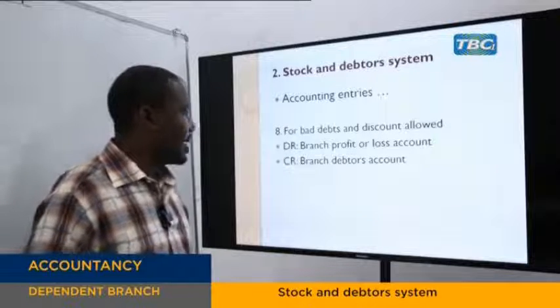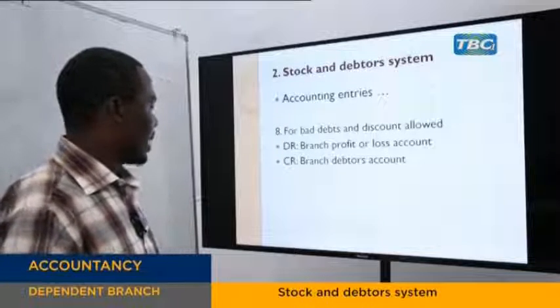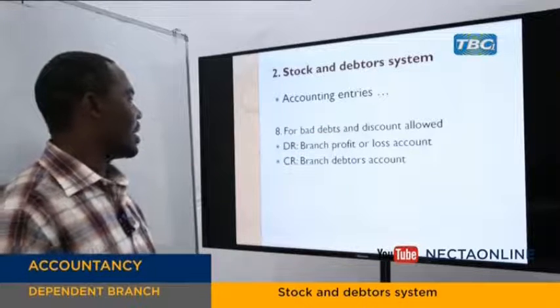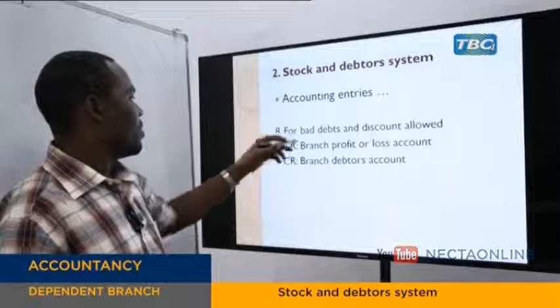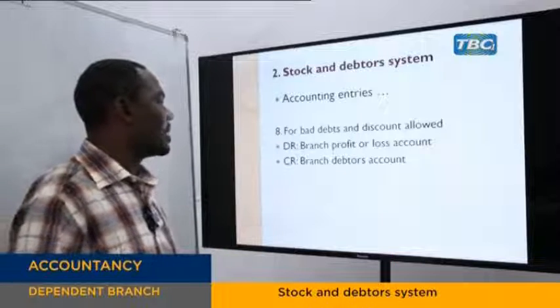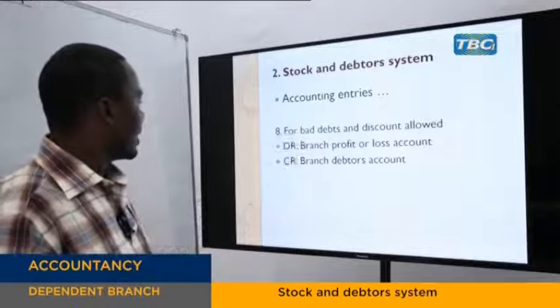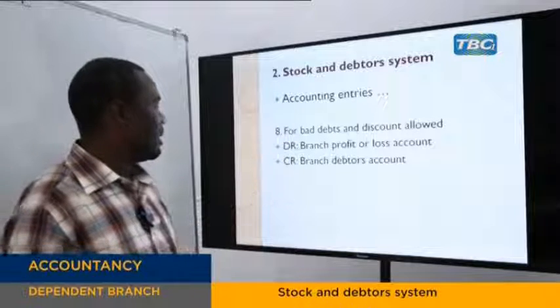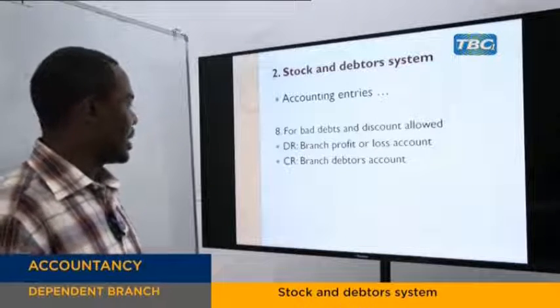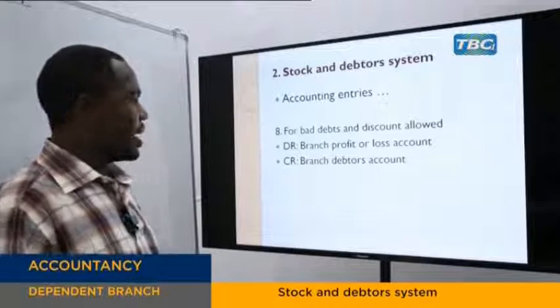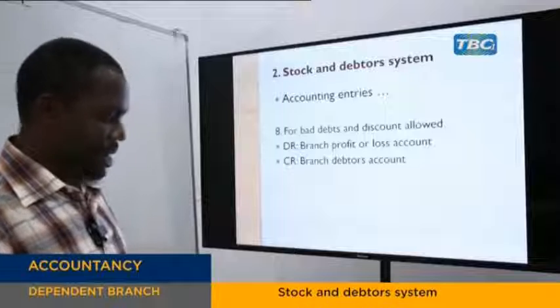For bad debts and discount allowed, any entry that reduces the debtors account in form of bad debts, discount, these transactions are adjusted by debiting profit or loss account and crediting branch debtors account with the amount of bad debts or discount allowed.